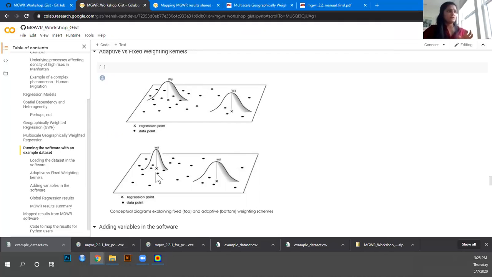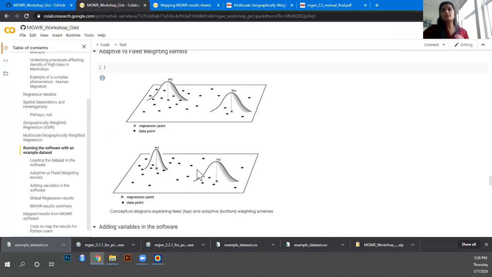In this case, it's going to take 5 data points. So it will have a very narrow kernel of weighting here because it has already gotten 5 in a very small distance. But in this case, because the points are dispersed, it will reach far out to gather those 5 points, and the kernel will be more spread out.